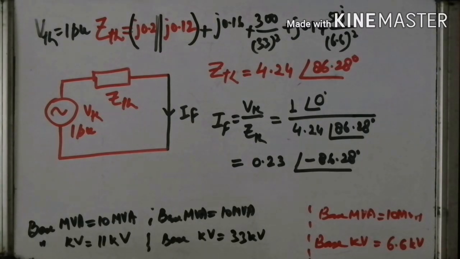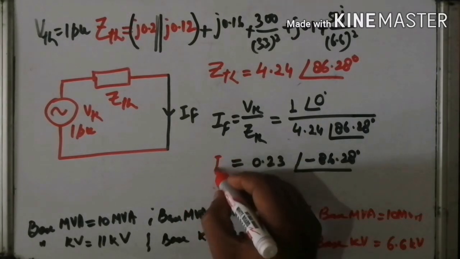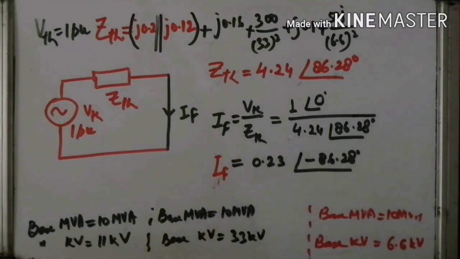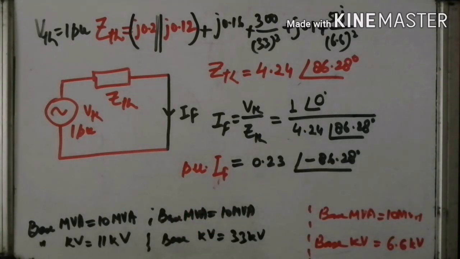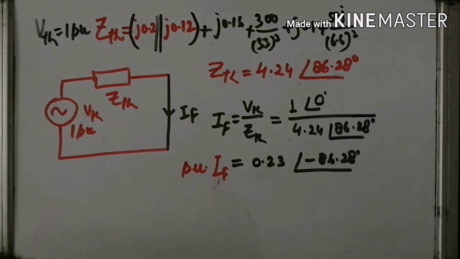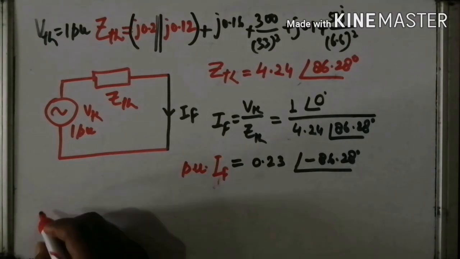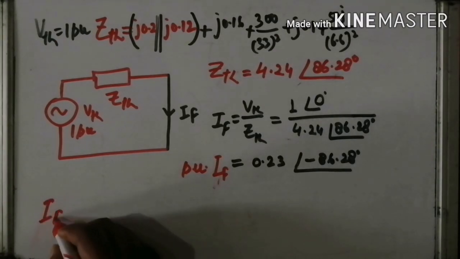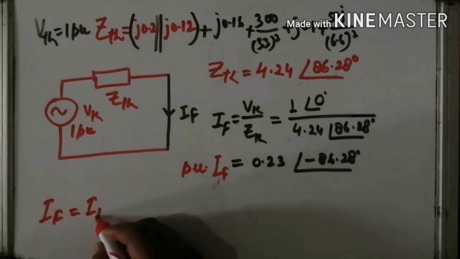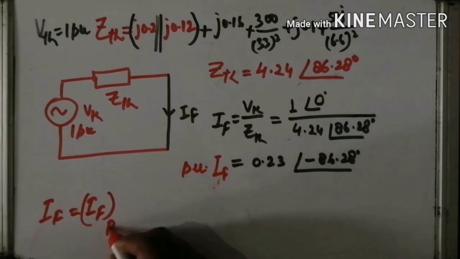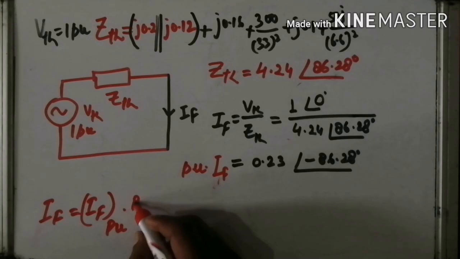This is the value of current, but listen to me very carefully. This is the value of current but in per unit. So for the calculation of actual fault current, it is necessary to multiply faulty current per unit with the base value.